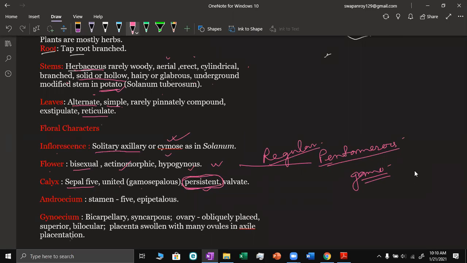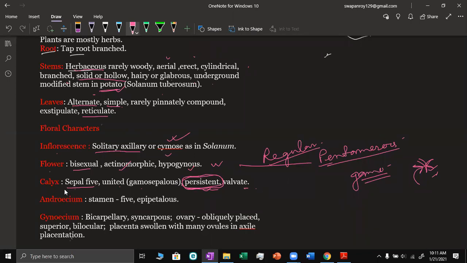In onion also you can see the sepals. In case of tomato, at the pedicel stalk of the tomato fruit, you will find that the sepals are there. So sepals are present in the fruit also. So this is persistent. This is one of the important features of the family Solanaceae, and valvate estivation, non-overlapping. Okay.